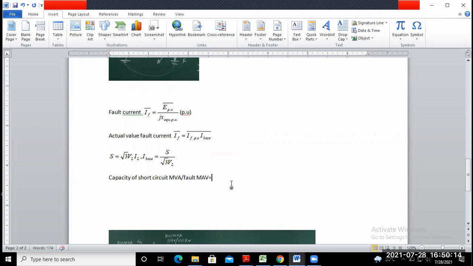So this is equal to how much? Fault current into voltage. So V_F, that means the pre-fault value in per unit, into whatever per unit value of fault current you calculated. Just multiply here. That means short circuit MVA capacity is given in per unit.